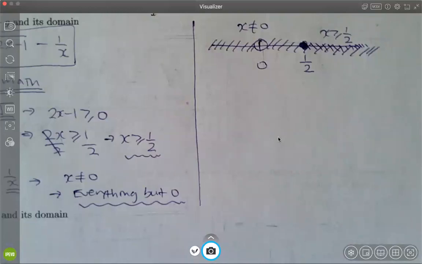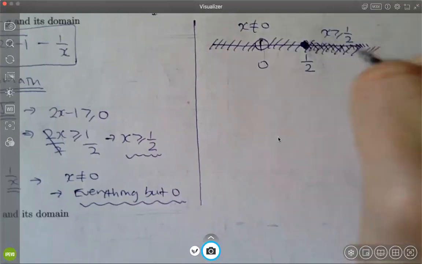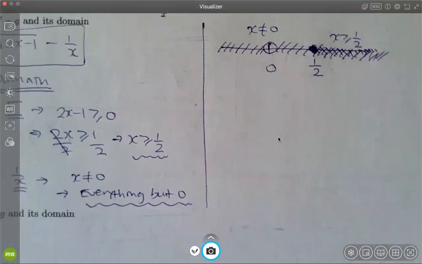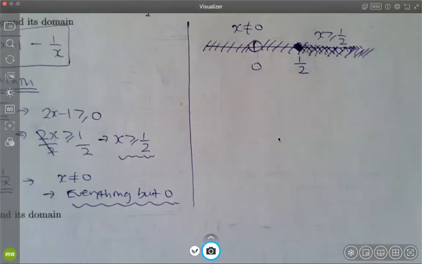So there's a reason that I shaded two regions on the same number line, okay? What do you have to find here? Don't you have to represent it in interval notation?